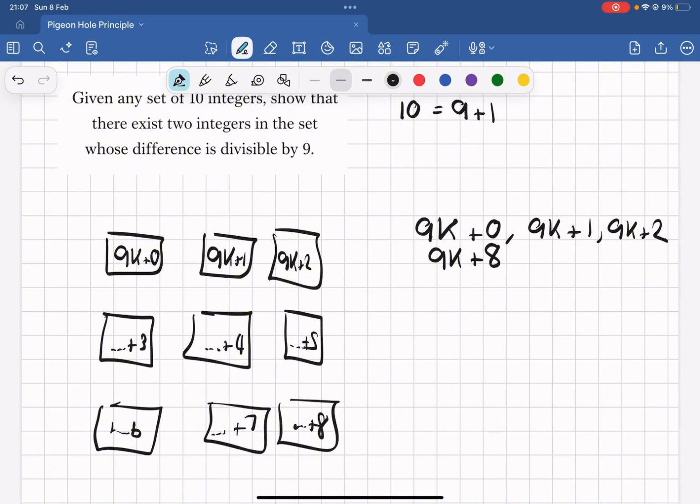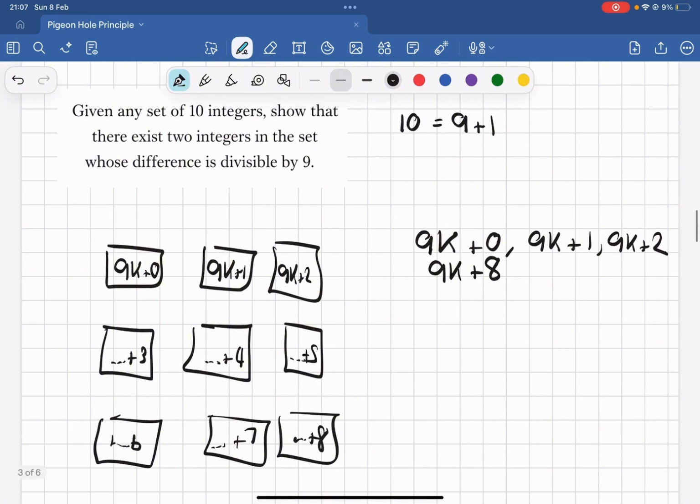Like I mentioned, this set of 10 integers, each integer must satisfy one of these conditions. So we can say for certainty that amongst those 10 integers, one is 9k plus 0.